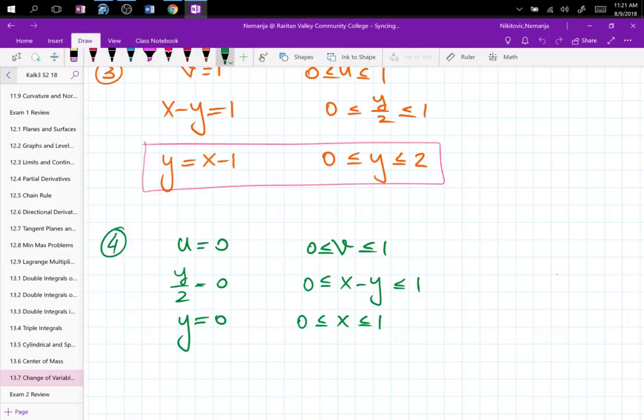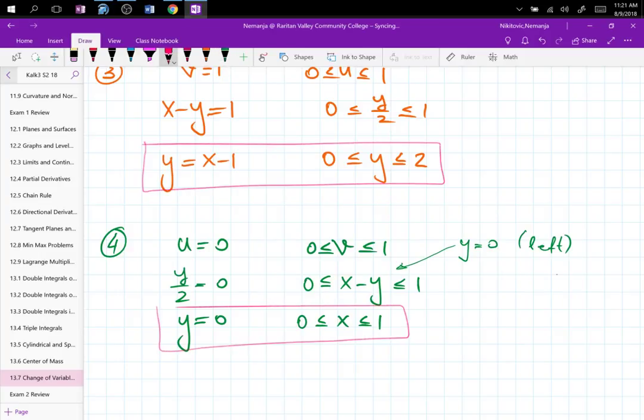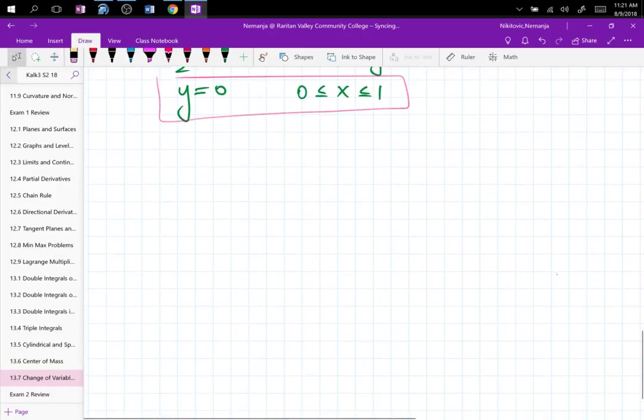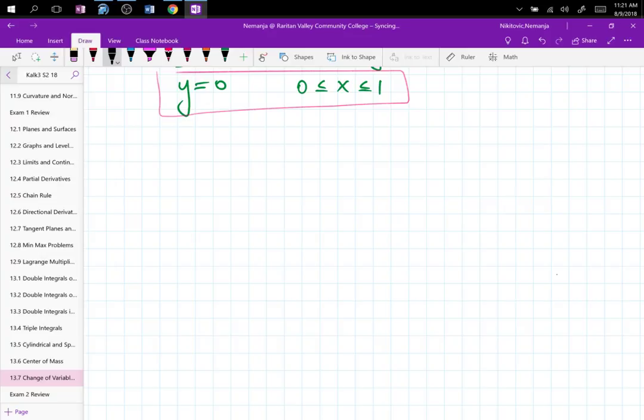I'll just put over here y equal to 0. So we have this set of equations to graph. So I have transformed all 4 sides, and I am ready to graph the new region, which in this case is actually the original region, but such is life.